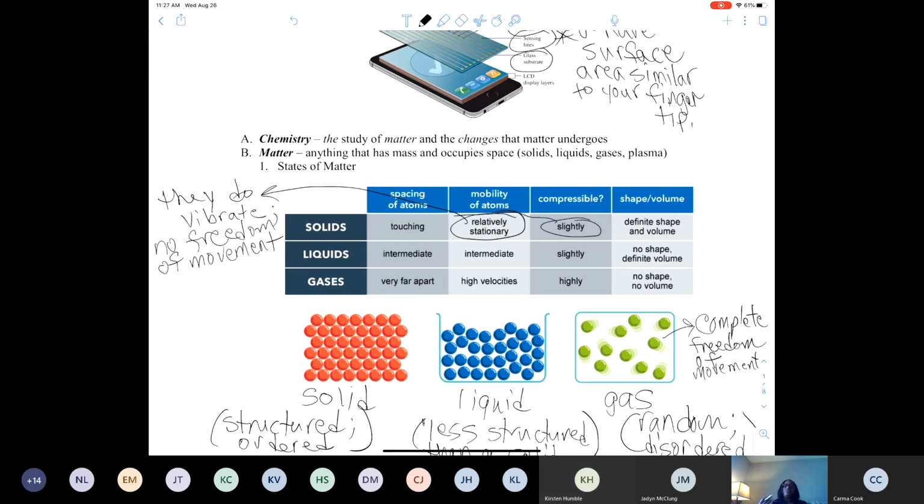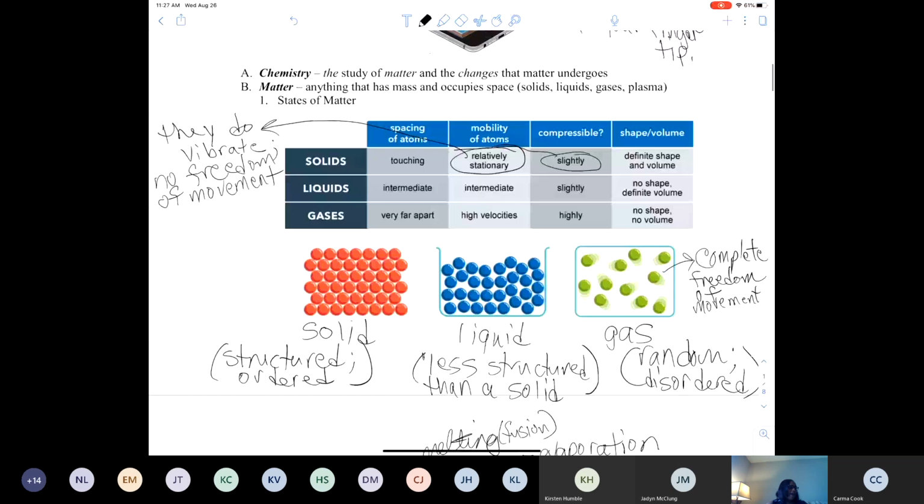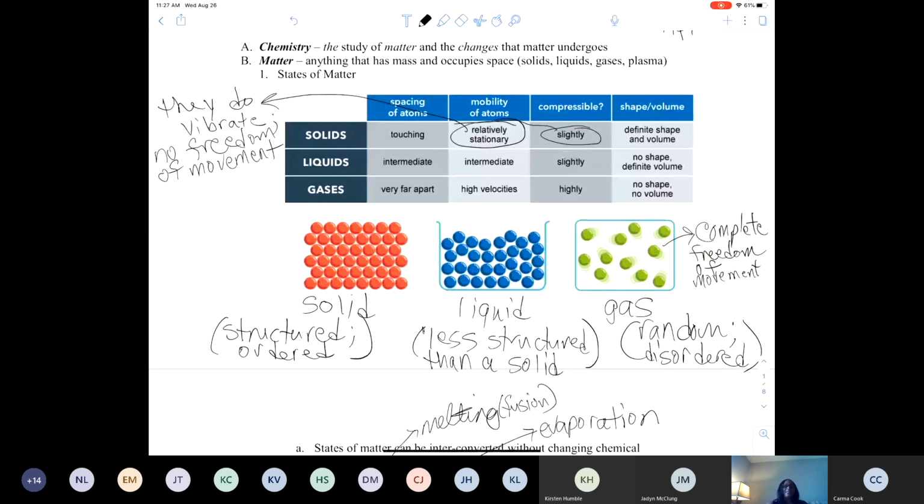And so with chemistry being the study of matter, matter is anything that has mass and takes up space. And matter can exist in 4 different states: solid, liquid, gas, and the 4th state, plasma. And so the main 3 states of matter that we'll be responsible for this class are just solid, liquids, and gases. And solids, liquids, and gases differ from each other on a molecular level.